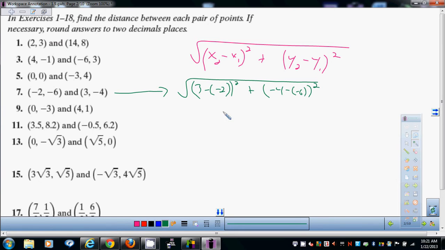So that's 3 plus 2 is 5 squared, 4 plus 6 squared. And you should get radical 29, which you can just leave like that as the distance between those 2 points.